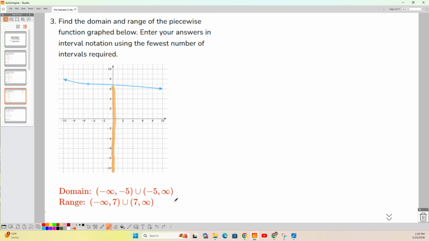So there's a gap in the graph at a y value of 7, but we pick up immediately after 7 and continue upward to infinity. So the range is negative infinity to 7, union 7 to infinity.